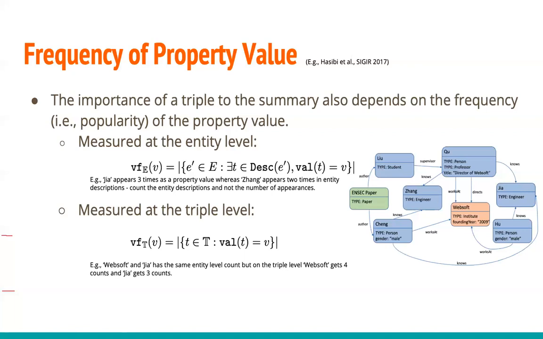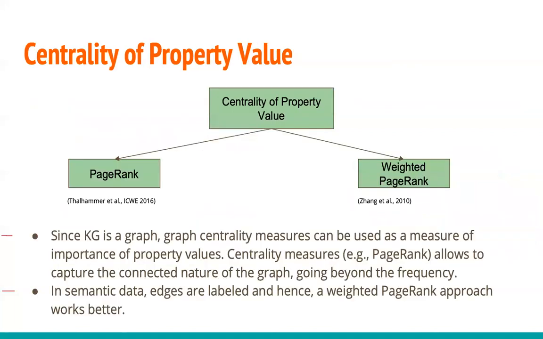Next, we look at centrality, how to measure the centrality of a property value. If you think of a knowledge graph as a graph, one could think we can run a graph-based centrality measure, and it is natural to think about PageRank.